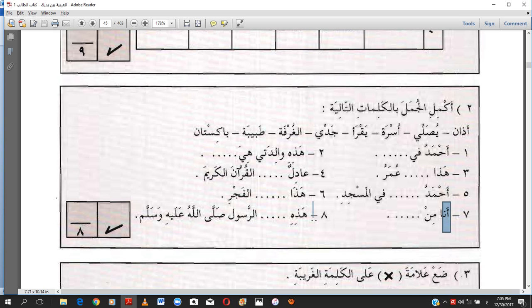The last sentence and the last word, هذه blank. هذه أسرة رسول الله. Oh, this doesn't say Rasul, it says الرسول. Sorry. هذه أسرة الرسول صلى الله عليه وسلم. تمام? Somebody had a question?